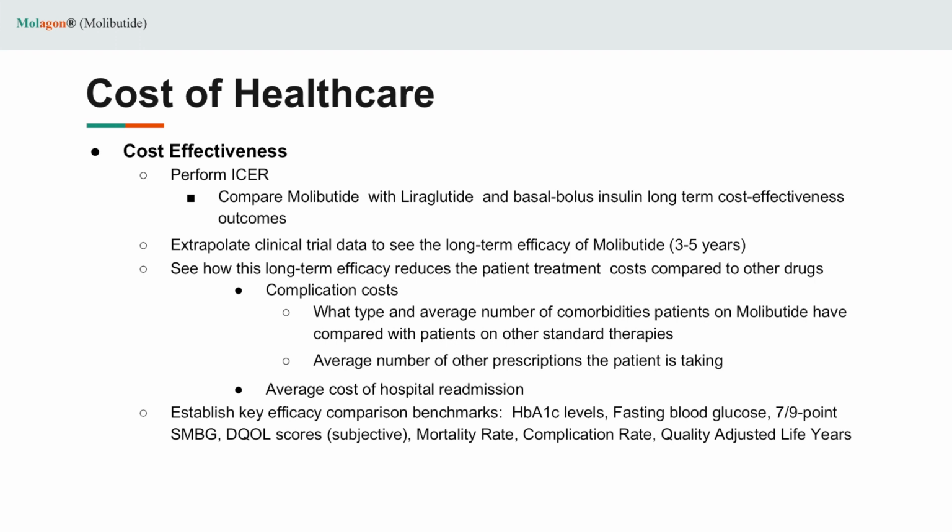We also extrapolated clinical trial data to see the long-term efficacy of Molagon for 3 to 5 years and how this reduces patients' treatment costs compared to other drugs, such as complication costs and hospital readmission cost. Also, we established some key comparison benchmarks such as HbA1c levels, fasting blood glucose, 7-9-point SMBG, and further on the list to evaluate efficacy of Molagon.